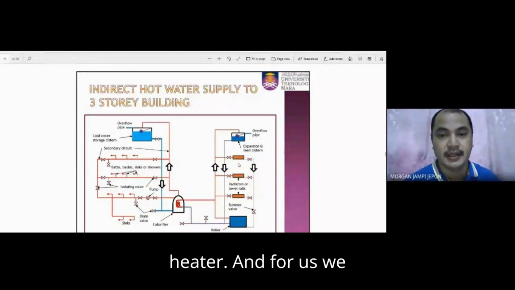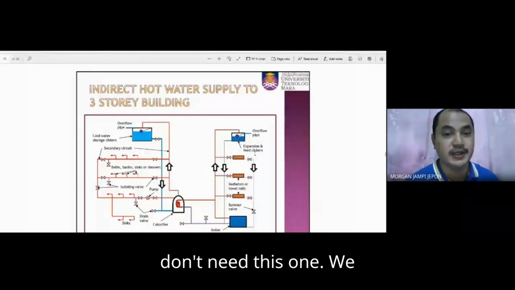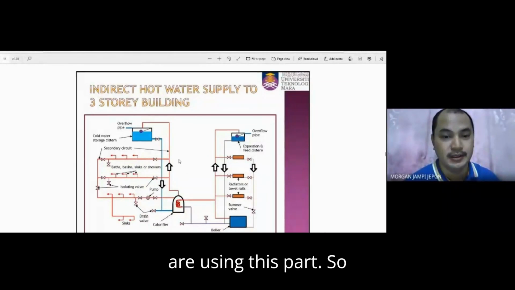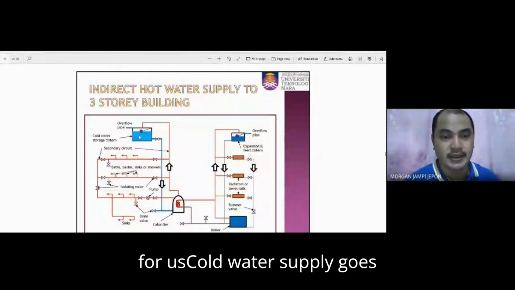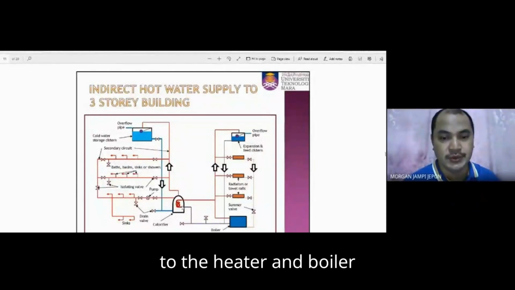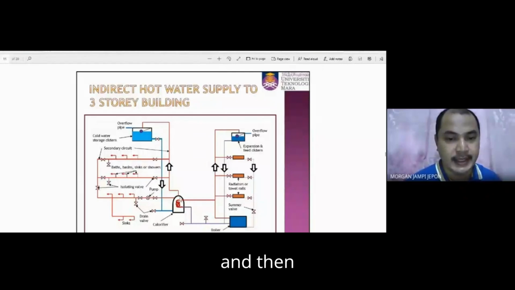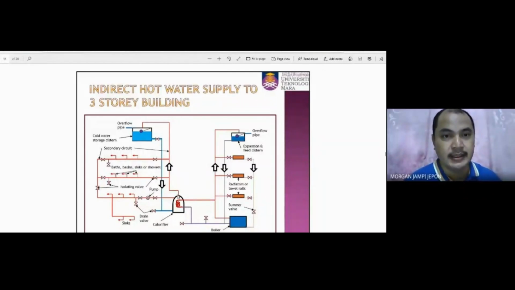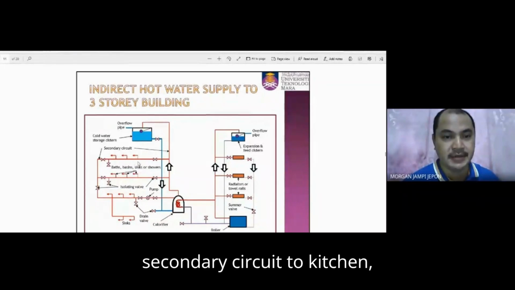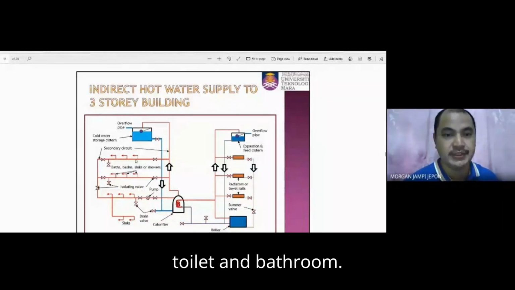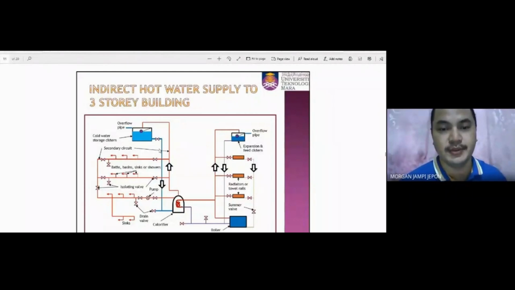For us, we don't need this one. We use this part: cold water supply goes to the heater and boiler, and from that it goes to the secondary circuit to the kitchen, toilet, and bathroom.